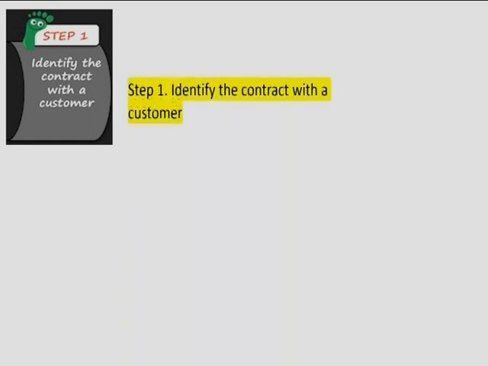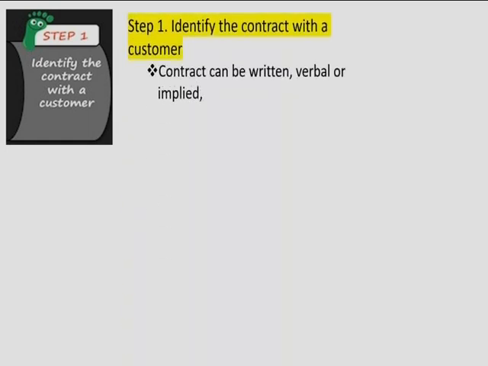Step number 1 says identify the contract with the customer. Here we are talking about identification of the contract with the customer. First, what is a contract? A contract can be in written form, verbal form, or simply implied form.